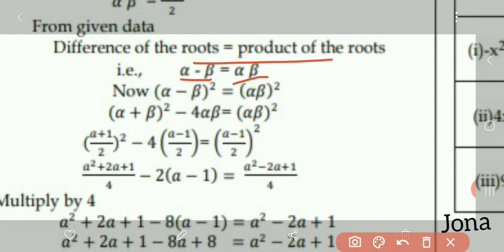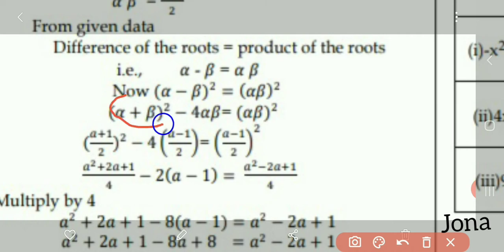Squaring on both the sides, we got alpha minus beta the whole square equal to alpha beta the whole square. This alpha minus beta can be written in algebraic form, alpha plus beta the whole square minus 4 alpha beta equal to alpha beta the whole square.